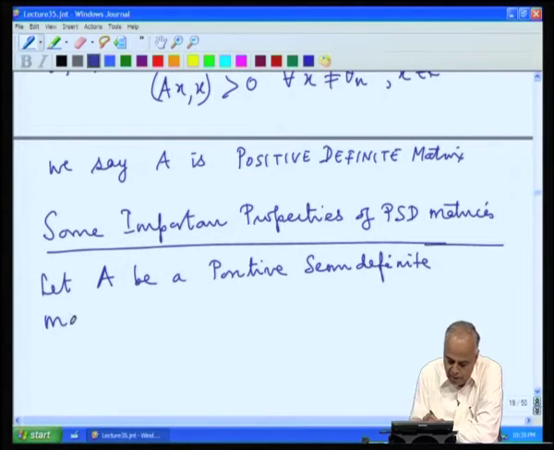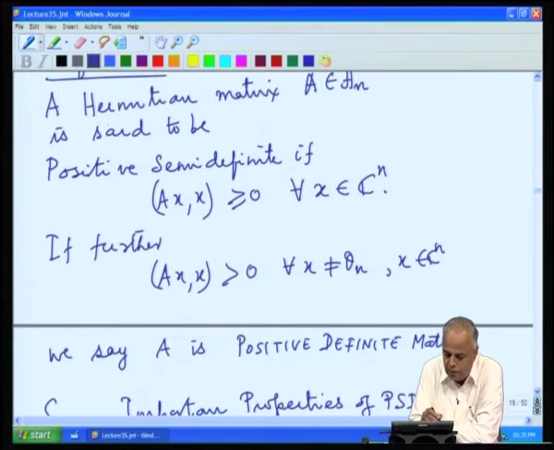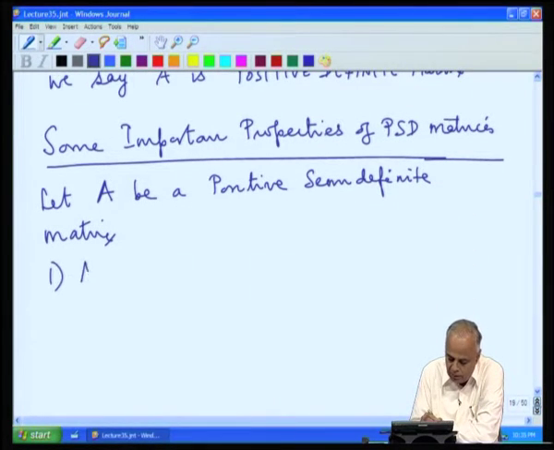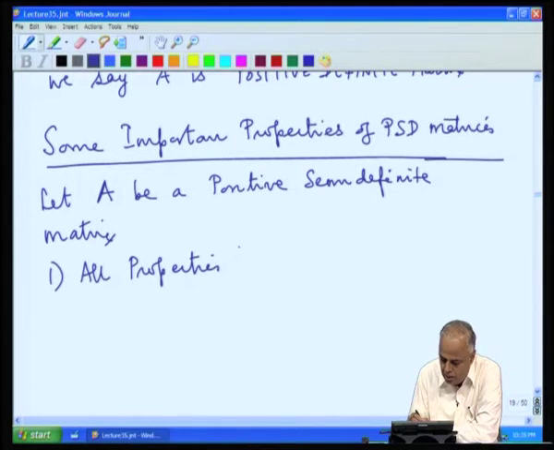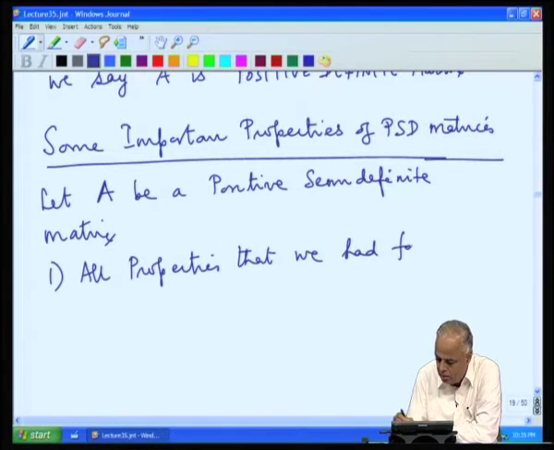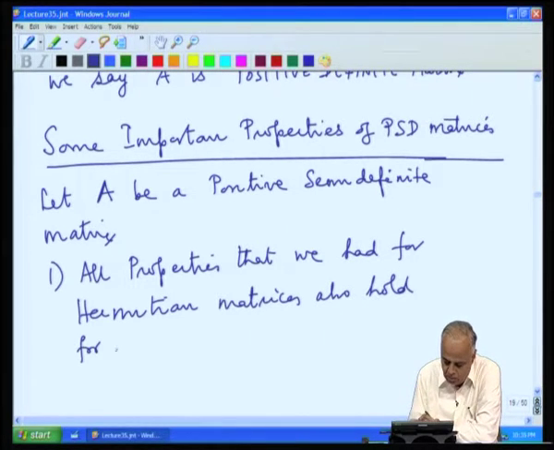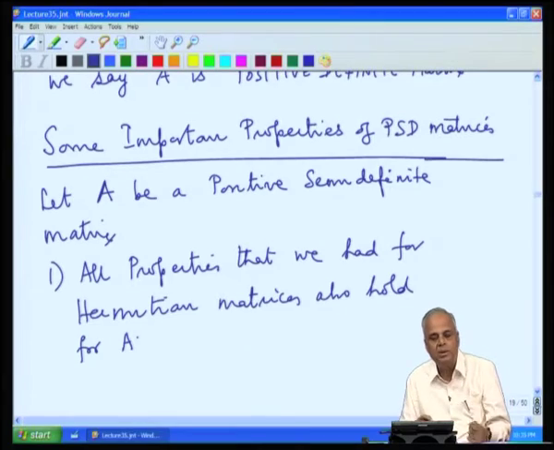Now, we have seen that the notion of positive definiteness a priori assumes that it is a Hermitian matrix and therefore, all properties that we had for Hermitian matrices also hold for A, because A is positive semi definite.